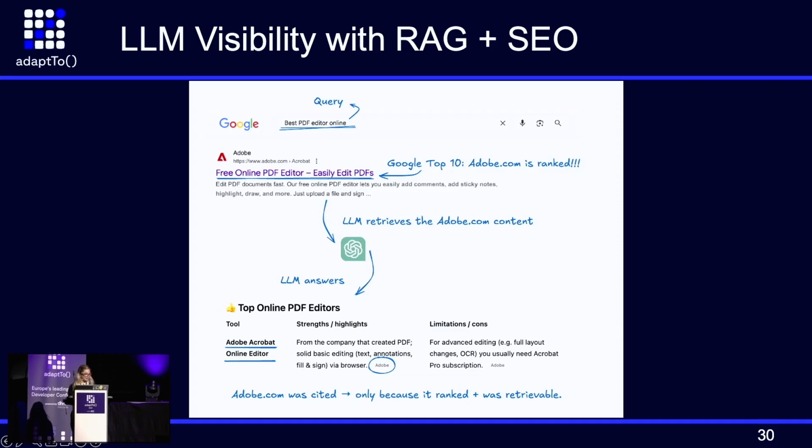I wanted to give an example of how RAG and SEO work together. So imagine you have this query, best PDF editor online, and when you type it into your favorite search engine, you get the results.